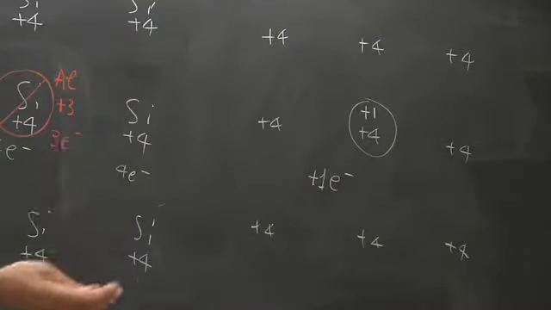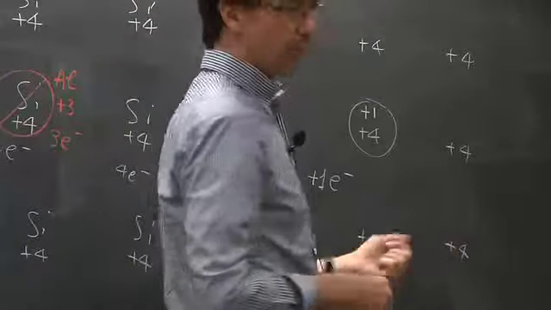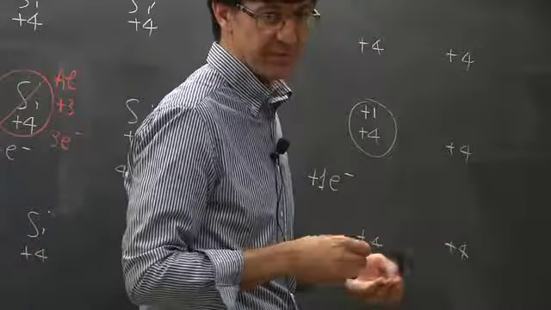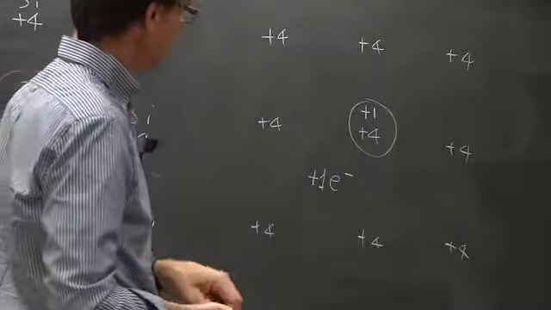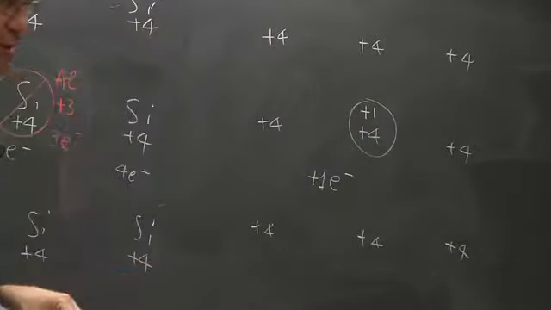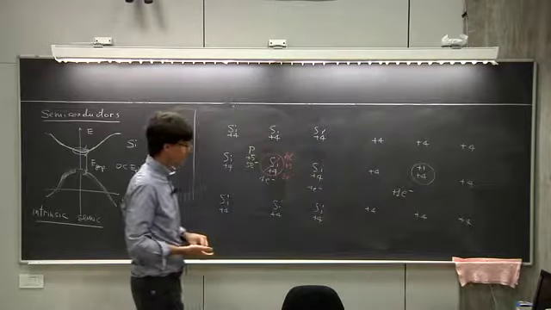It will go wherever it wants to go. So I have 2 things to discuss now on top of my solution of the unperturbed silicon problem, which I assume I know how to solve. And then on top of that, I'm going to do perturbation theory by adding these 2 ingredients, the +1 charge and the additional electron.